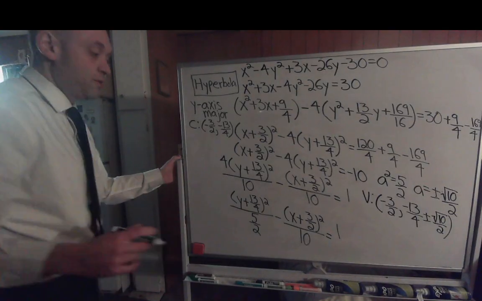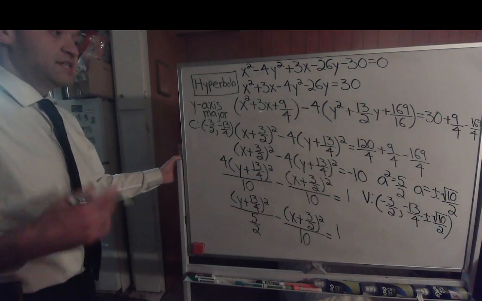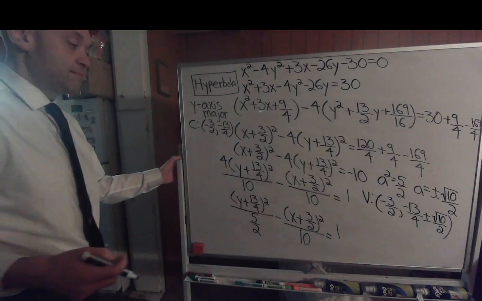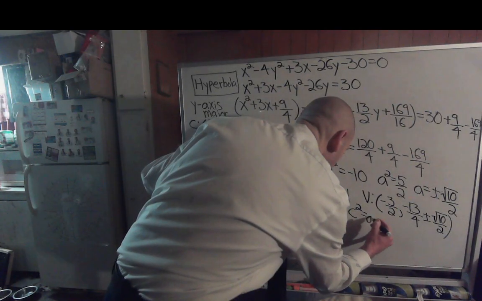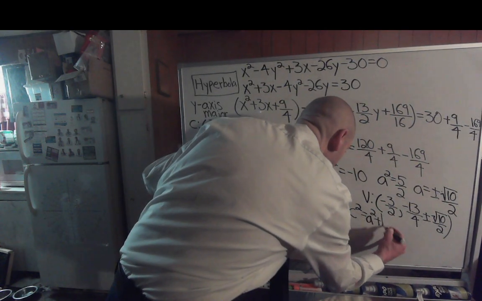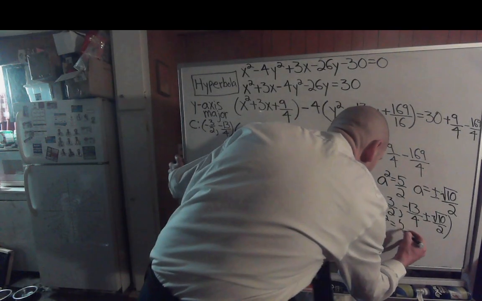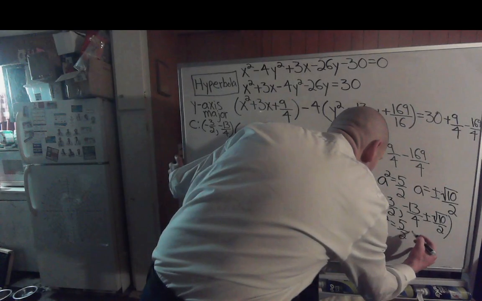Yes, this just got a bit messy for sure. Now, we also got to deal with the business of the foci. In a hyperbola, c squared equals a squared plus b squared, which would mean we're going to have 5/2 plus 10.